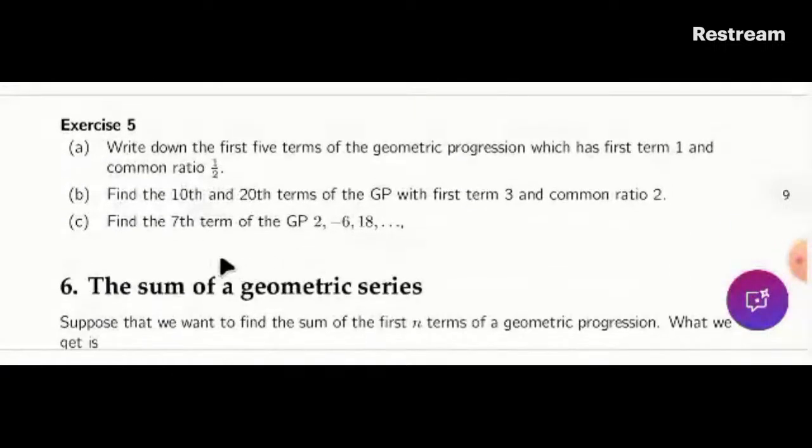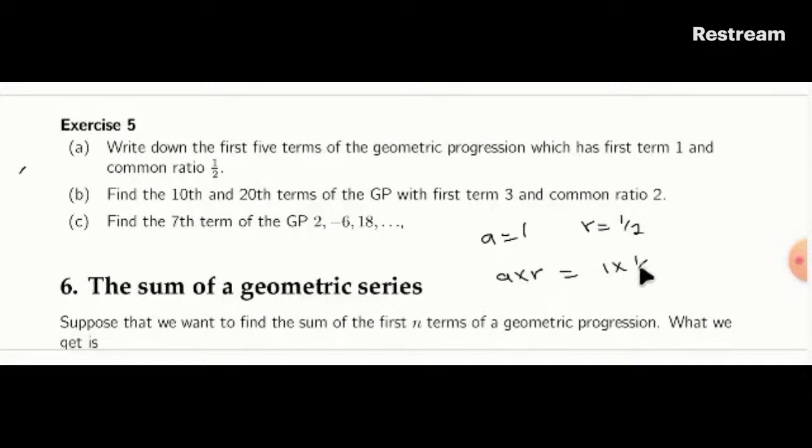So for instance, this is like an exercise. Write down the first 5 terms of the geometric progression which has its first term as 1 and common ratio 1 over 2. So let's see if we can do this. The first term is 1, so we have a is equal to 1, and the common ratio r is equal to 1 all over 2. For the next one, we're going to have a multiplied by r, which is 1 multiplied by 1 all over 2.